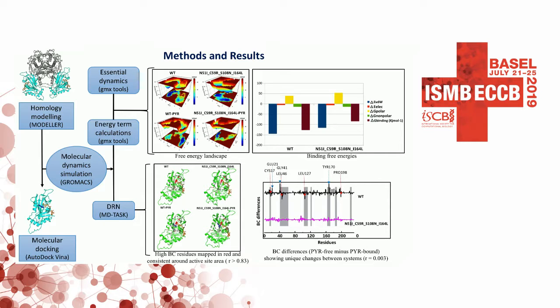And then we further looked at differences in betweenness centrality values between the pyrimethamine-bound and unbound systems. And this revealed key residue differences between the wild type and the mutant systems. And we believe that this offers a novel way of probing into the resistance caused by mutations in this parasite.